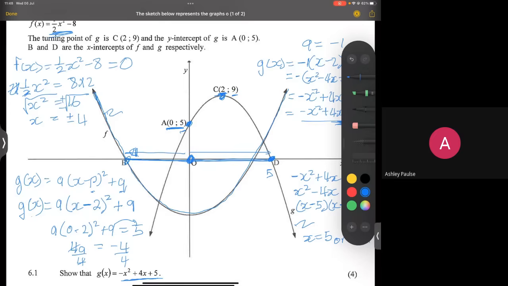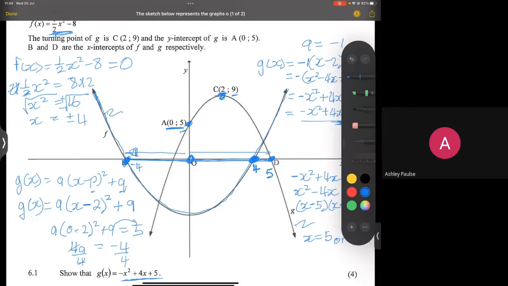First of all, we found that this graph cuts at 5. But what was this value? This value was 4. You remember? We found this to be plus or minus 4. So this value over here is 4, and this is minus 4.